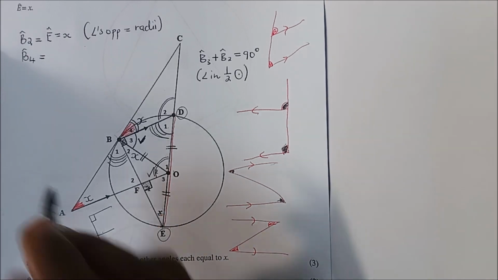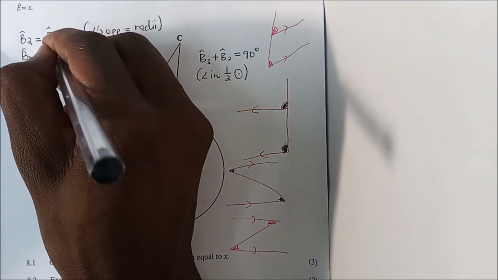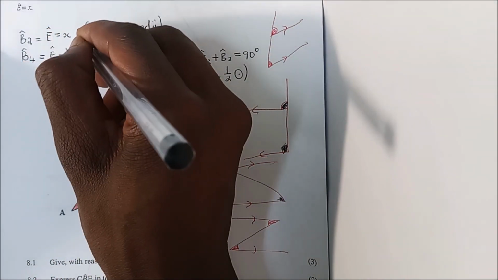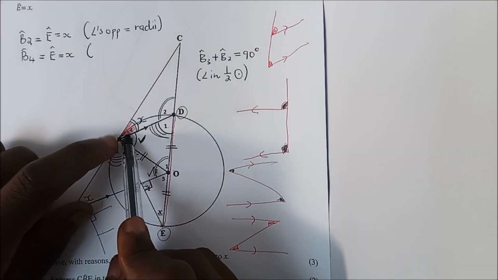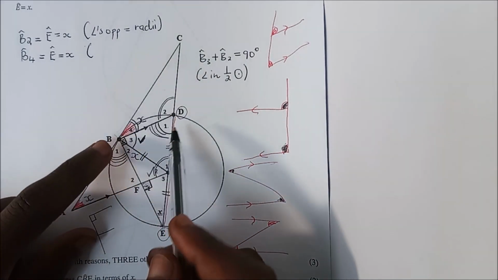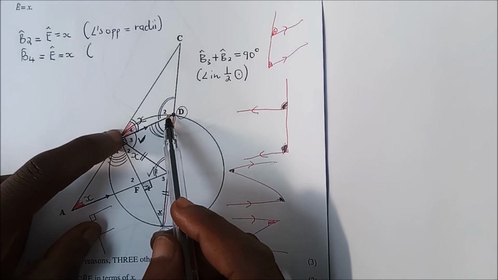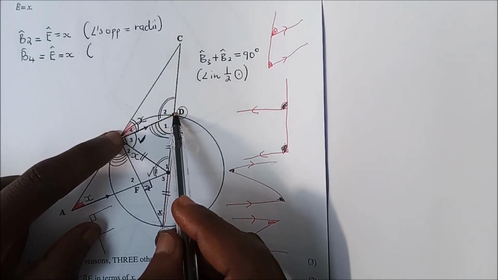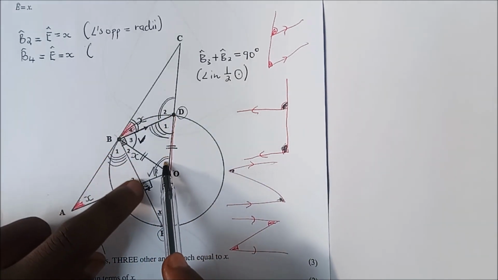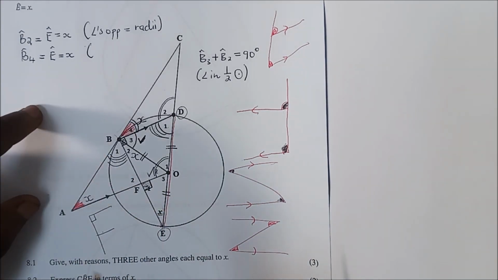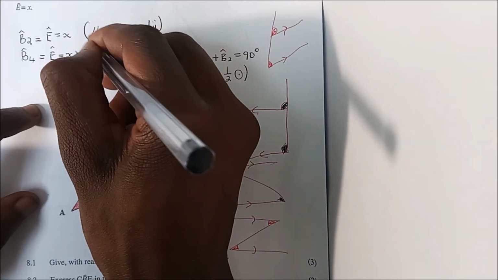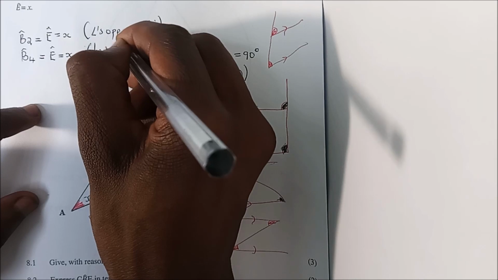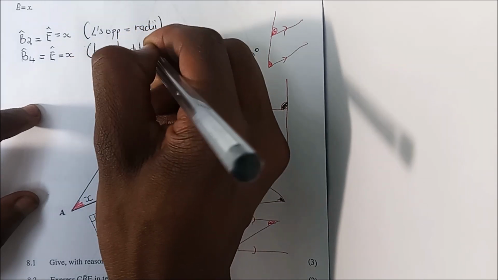Is equal to E, and both of them are equal to x. Then what's the reason? Do you remember the reason? The reason was the tan chord theorem. The angle between the tangent and the chord is B4. Then what is the direction? The direction is to E. So the reason will be the tan chord theorem.